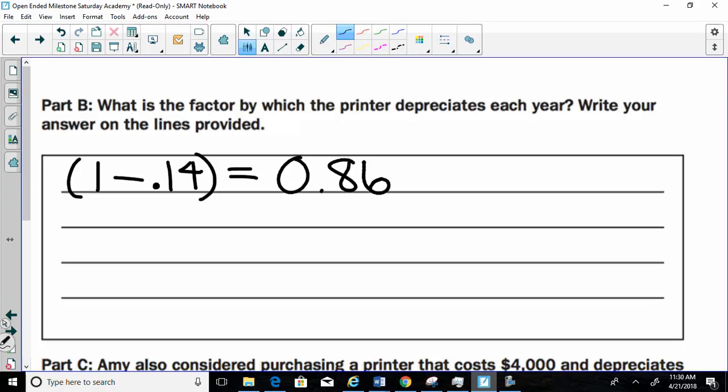It depreciates by 14% each year, but they just want 0.86, your factor. If they use the word factor, they want the b, your growth or decay. If they use the rate, they want the percent. If it doesn't say explain, literally write 0.86.